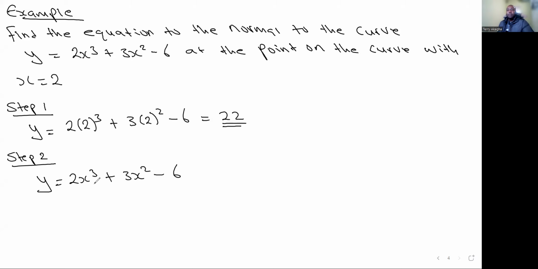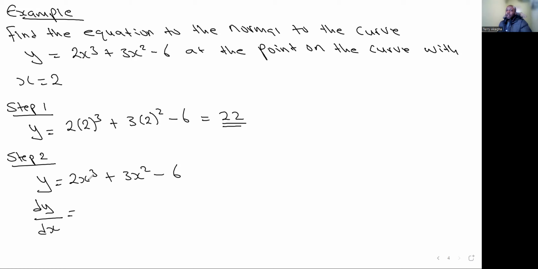This is a polynomial, so you're going to apply the mechanism of differentiating polynomials, and here we apply the power rule, okay? dy over dx is going to be equal to, if you've not reviewed my previous video on the mechanism of differentiation, please go back and have a look, so that you'll be conversant, because you can't solve tangents, normals, even stationary points without knowing how to differentiate, okay?